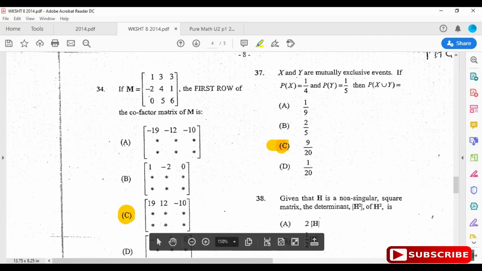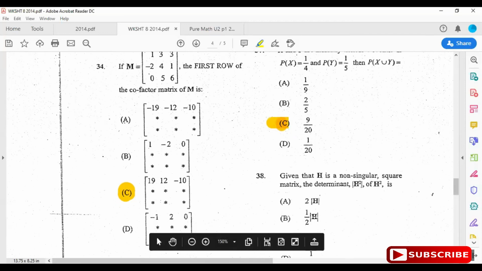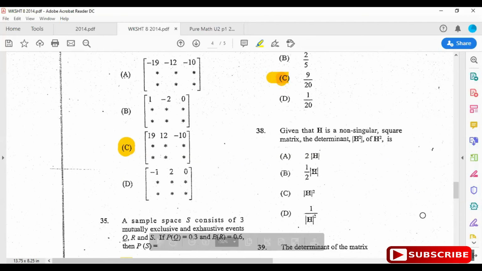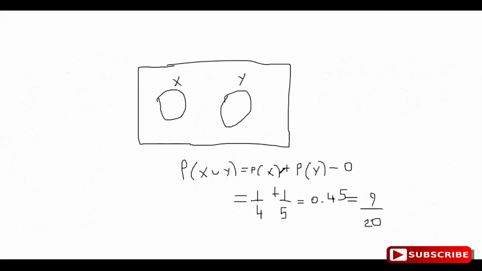C. All right. Question 38 follows laws of algebra. They want the determinant of H squared. This is easy. You don't even need to actually use matrices, but the determinant of H squared is just equal to the determinant of H, all squared.